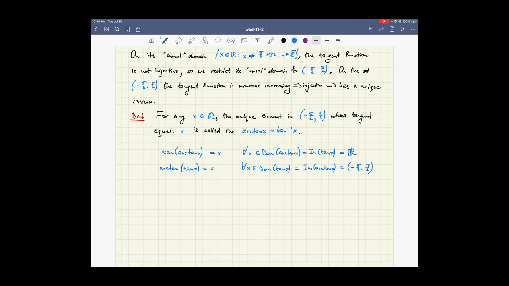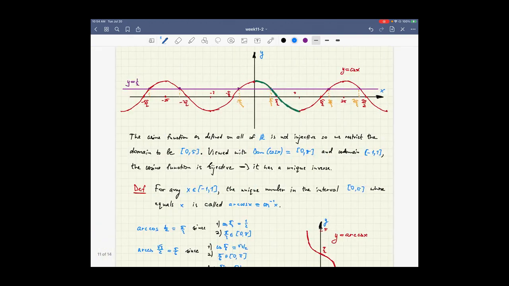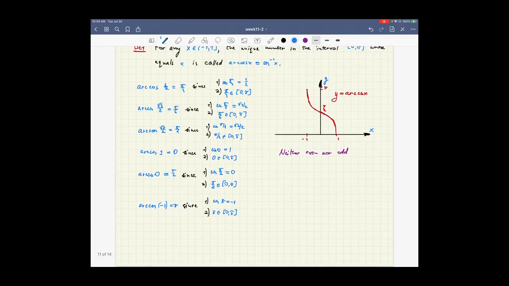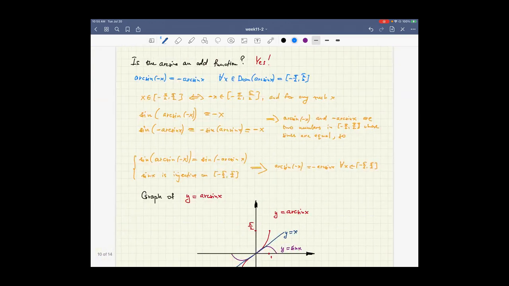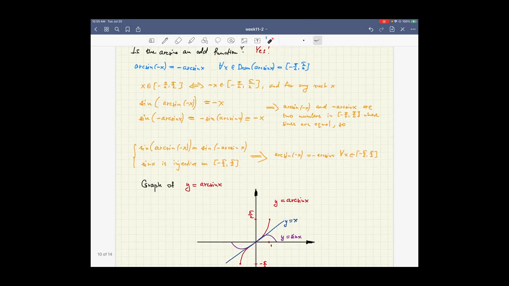We can actually say the same thing about arc cosine, cosine and sine, and arc sine.